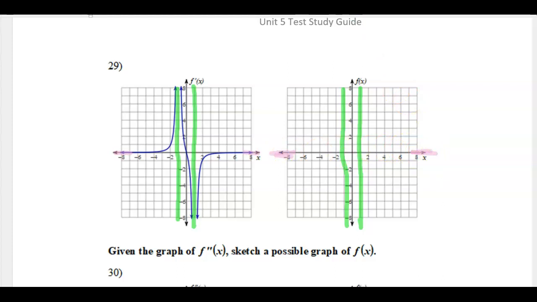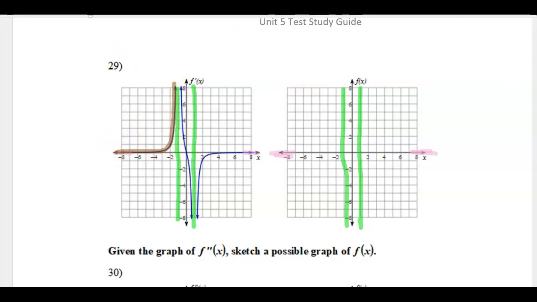Now, what else do we see here? I see that this portion of my graph is increasing, right? So I've got a positive slope there. Well, let me rephrase that. Since this line is above the x-axis, that means that f prime is positive. And if f prime is positive, that means f is increasing.